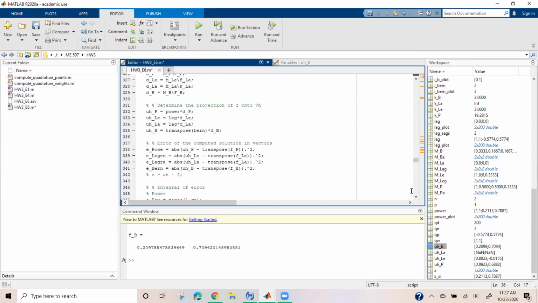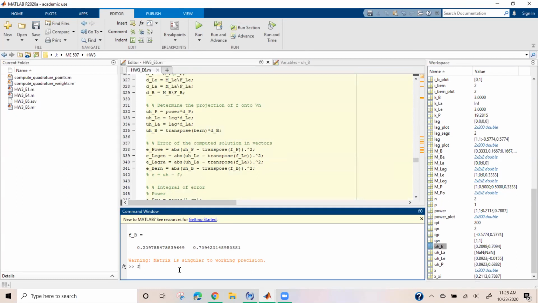Yeah, I don't remember anywhere where I override it, but I guess it's possible. Yeah, but it seems to me that there's a mismatch between the number of points that FB has and the number of points that UHB should have.